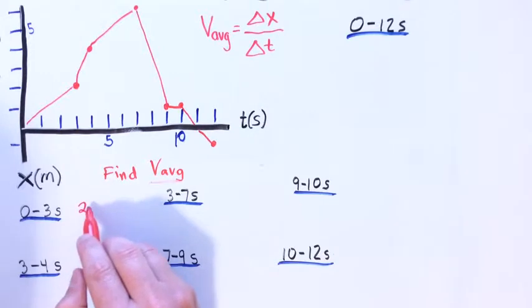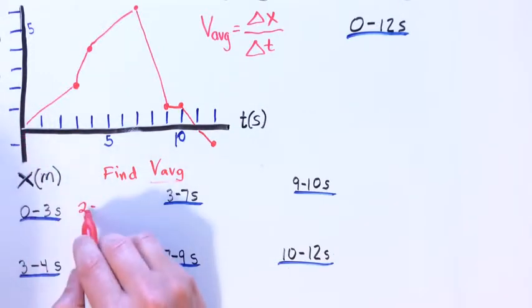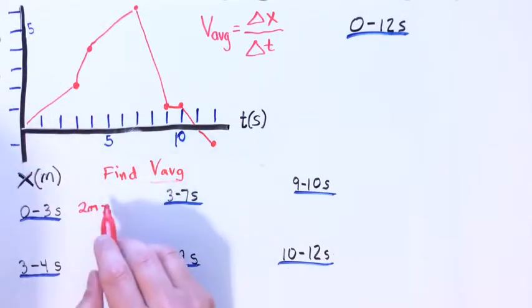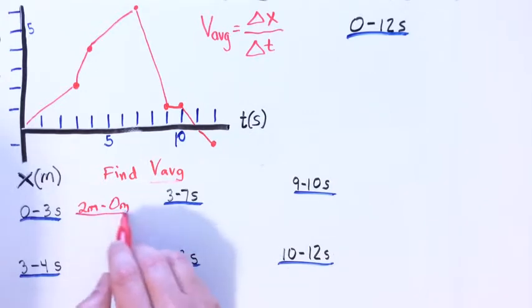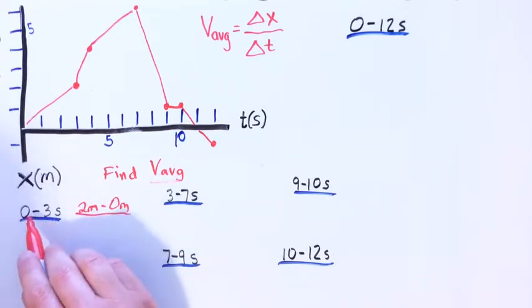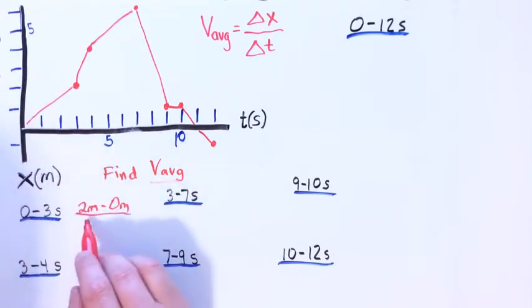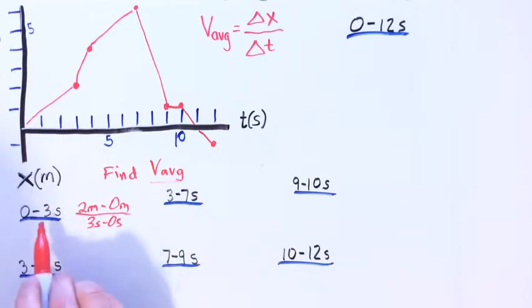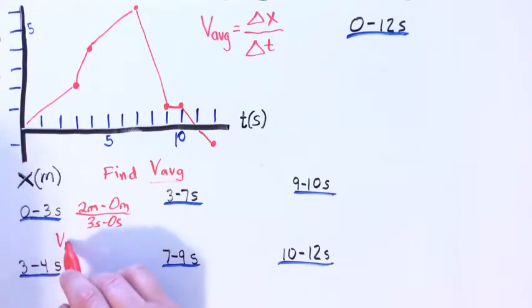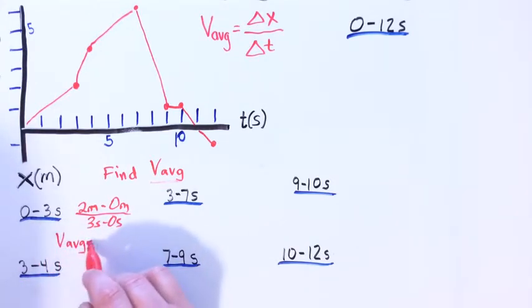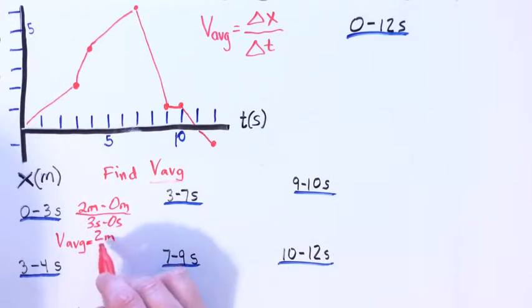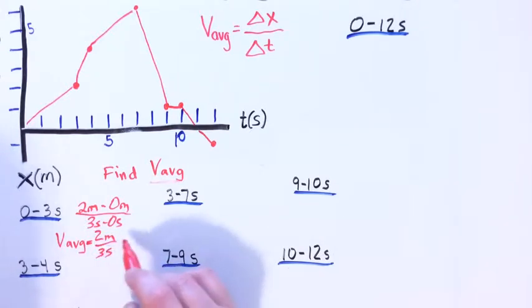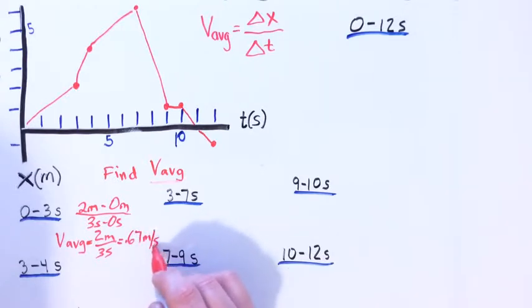So we have 2 meters minus 0 meters, all over the time difference, which is 3 seconds minus 0 seconds. So you see the average velocity is equal to 2 meters per 3 seconds, which is 0.67 meters per second.